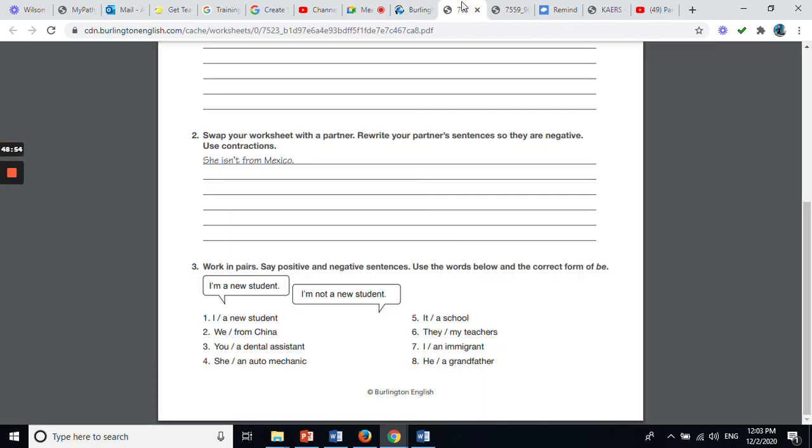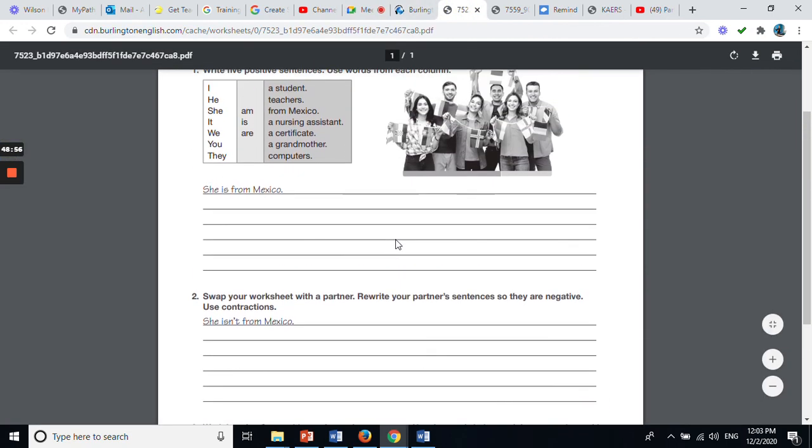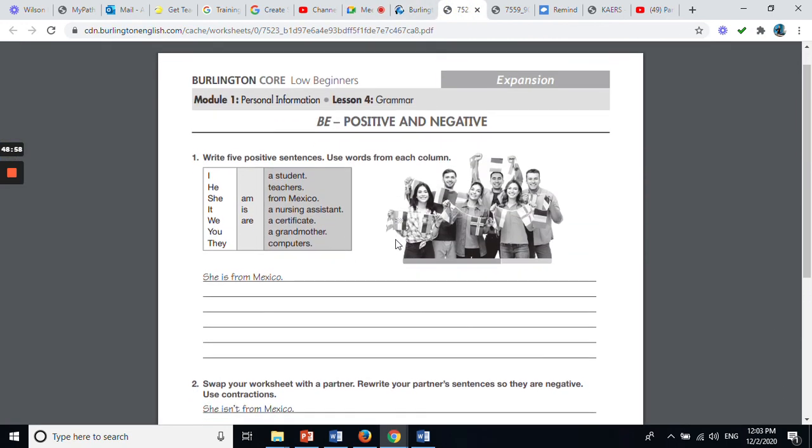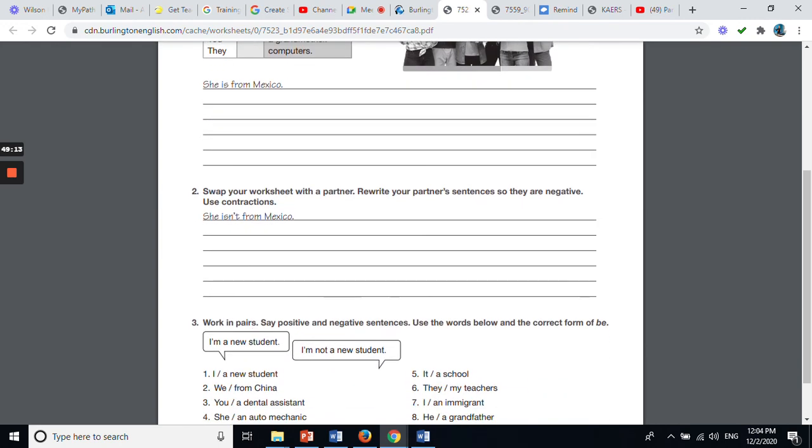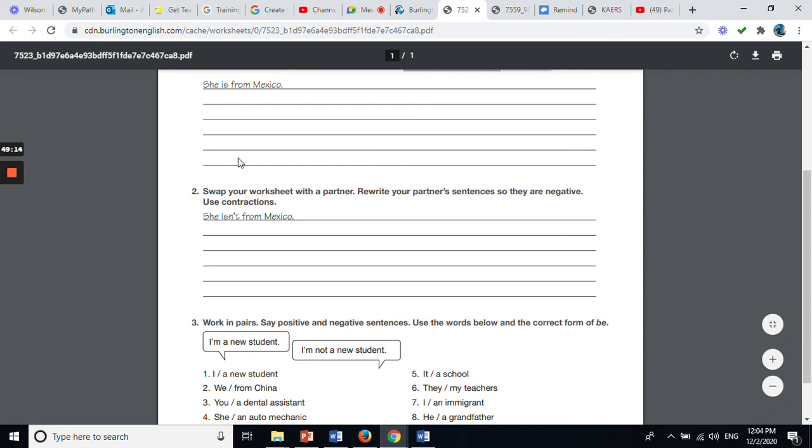Are you talking about this exercise here? Yes. So the first one, number one, you need to write five positive sentences. Okay, right here. And on number two, you're going to write the same sentences, okay, but negative this time.